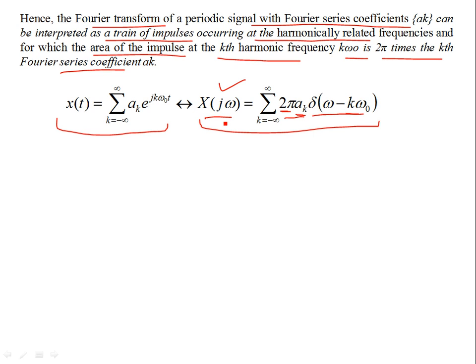The Fourier transform X(j omega) of a periodic signal is also periodic in the frequency domain, and consists of impulses which are harmonically related, with strengths multiplied by 2 pi. So the Fourier series coefficients are just multiplied by 2 pi. Put them in the summation, and you can see the Fourier transform representation of our periodic signal. Okay, that's all.